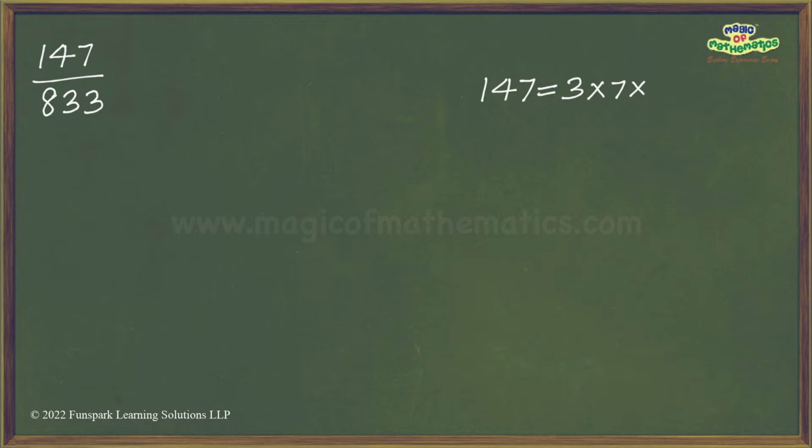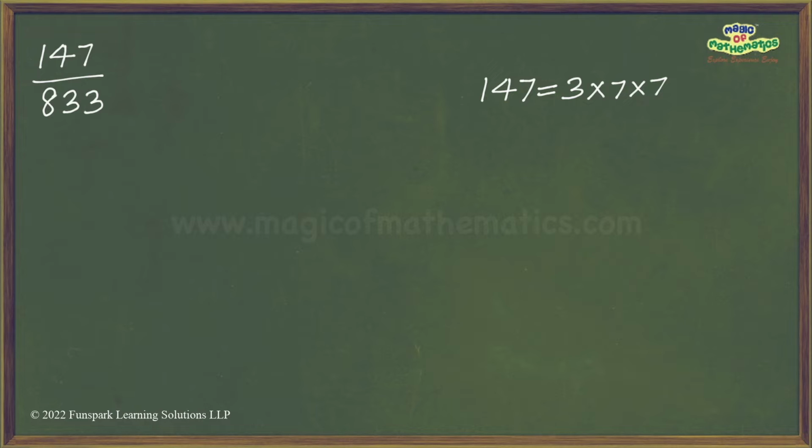Next, I will examine the fraction 147 over 833. As before, I prime factorize the smaller number 147. We already saw that 147 equals 3 times 7 times 7.